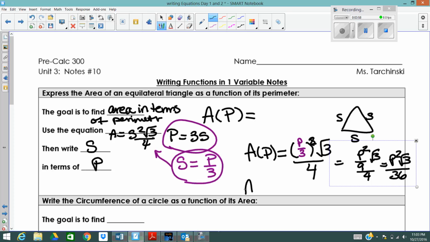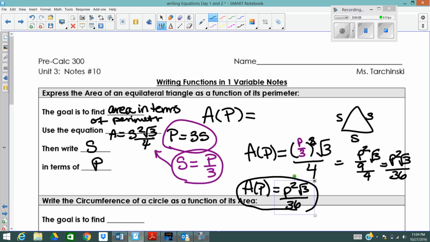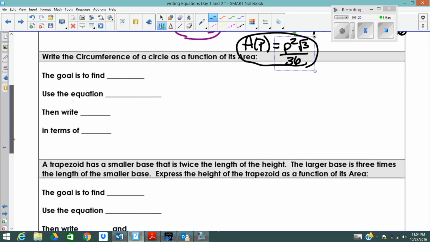So our final answer, area as a function of perimeter, is p squared square root 3 over 36. And p over 3 squared is p squared over 9, because p over 3 times p over 3 gives us p squared over 9. So that's our first example.